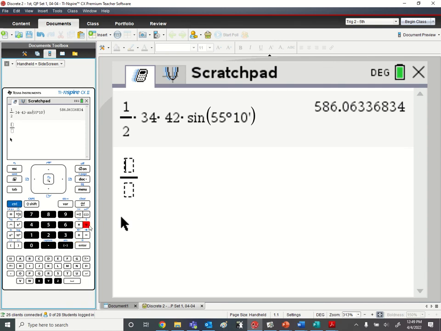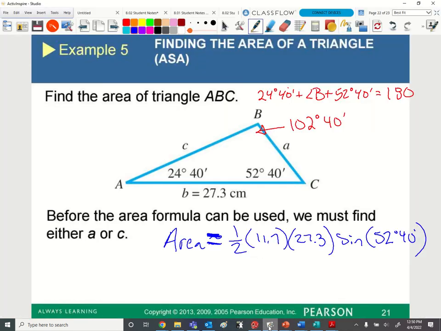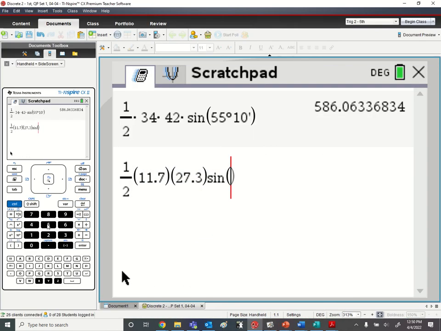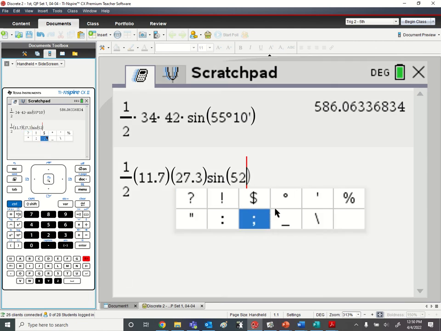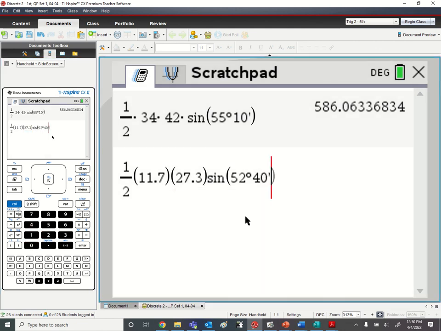So control, divide, 1 over 2, and what's it, 27.3, sine of, what was it, 52? 5240, okay. 52 degrees, 40 minutes.